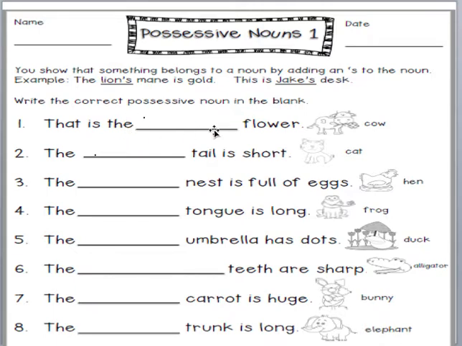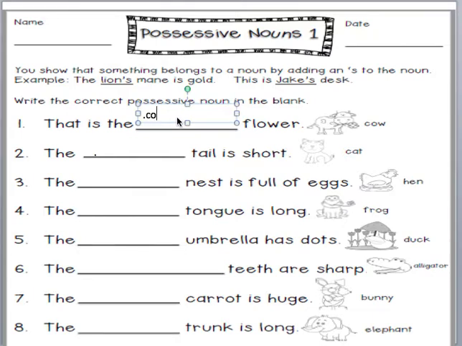So this is the dash flower. Whose flower is it? We have a picture of a cow and it's written cow. So is this the cow flower, or the cow's flower, or the cow apostrophe S flower? Brilliant.